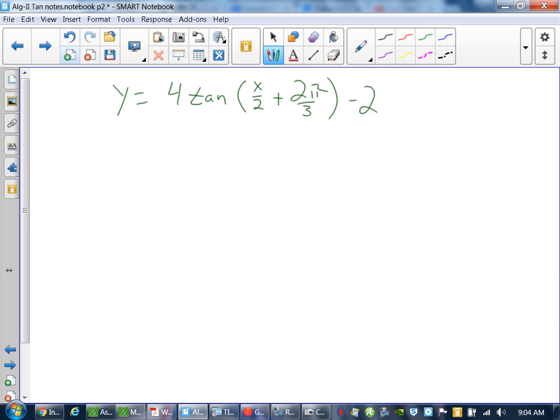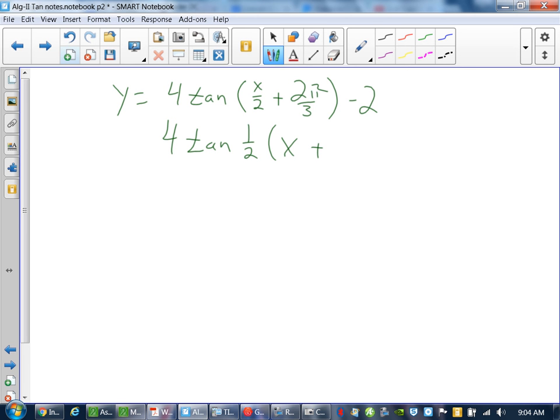All right. In this one, what you want to do is take out the half first. So you get 4 tangent one half x. Screwed that up right away. Well, if you think about it though, that's gonna mess up everything.